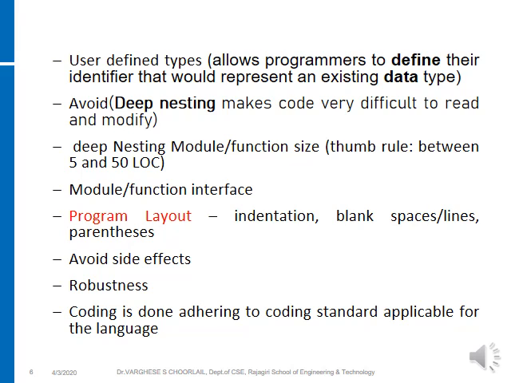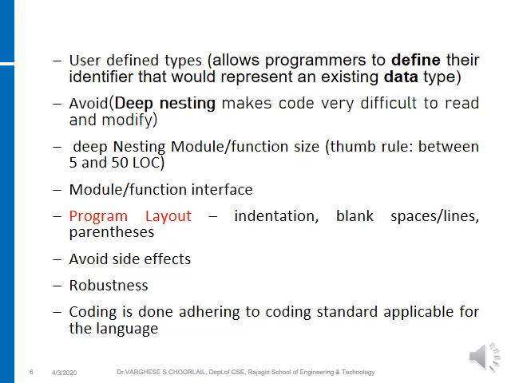User-defined data types allow programmers to define their own identifier that would represent an existing data type. Another strategy is avoiding deep nesting, which makes code very difficult to read and modify.